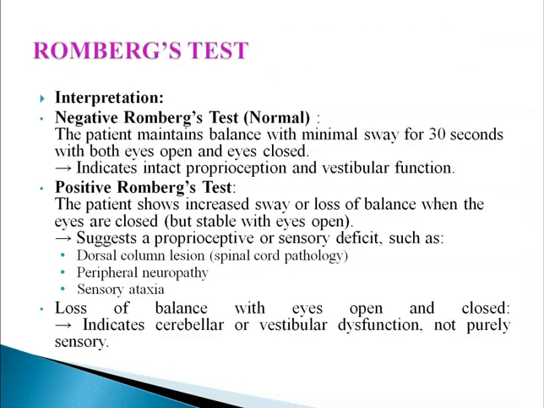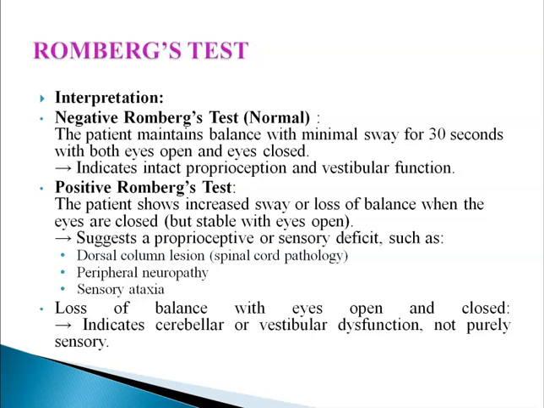The interpretation of the Romberg's test: the negative Romberg's test, which is considered normal, the patient maintains balance with minimal sway for 30 seconds with both eyes open and eyes closed. It indicates intact proprioception and vestibular function. In case of positive Romberg's test, the patient shows increased sway or loss of balance when the eyes are closed.